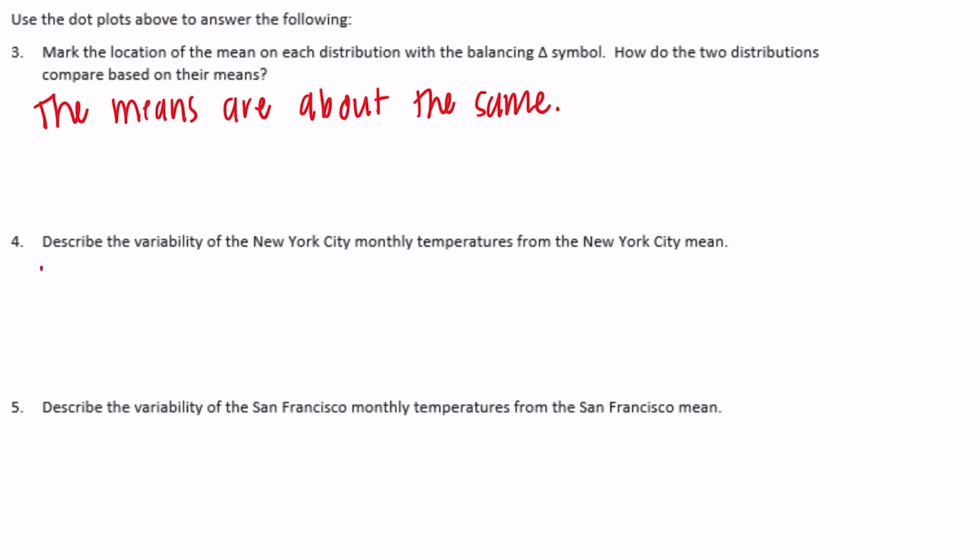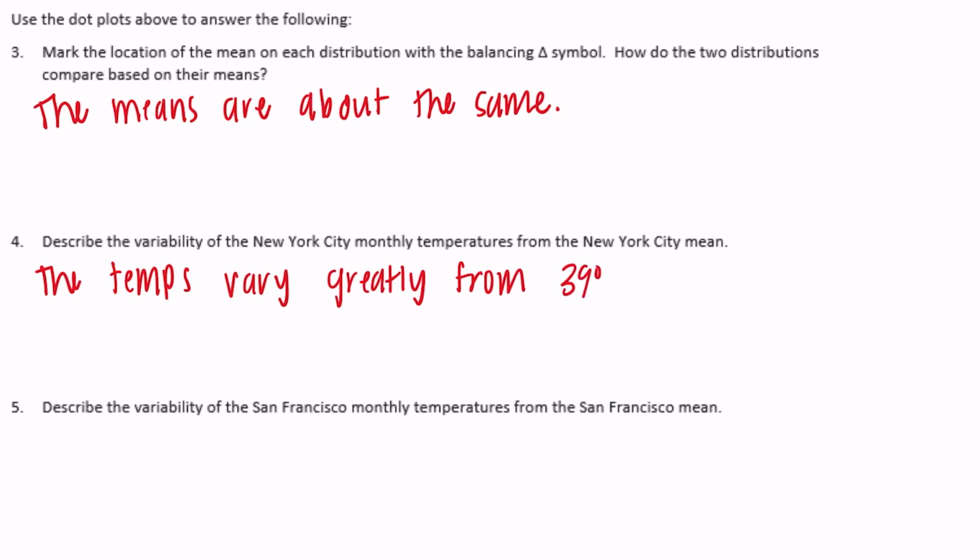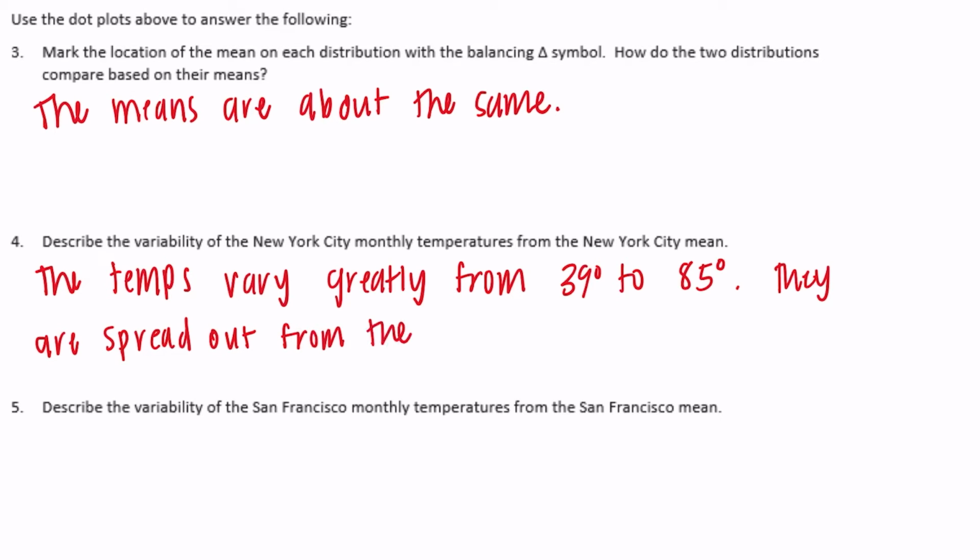So let's say the temps vary greatly from 39 degrees to 85 degrees. They are spread out from the mean, or around the mean.